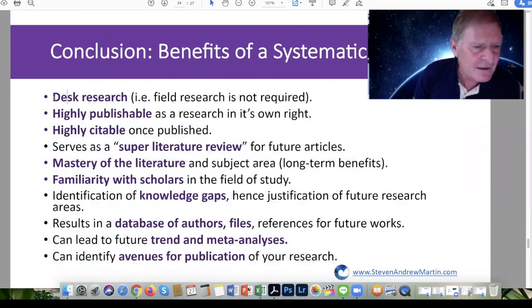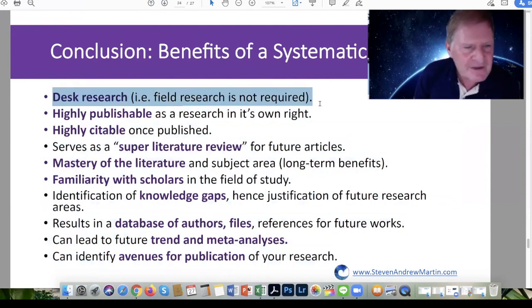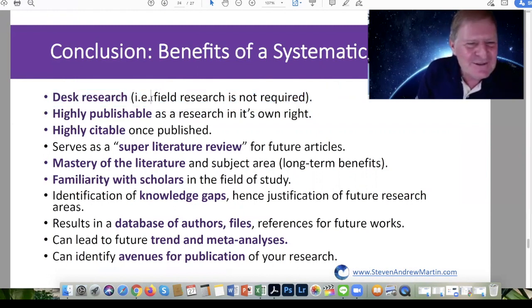These are the benefits. As I said earlier, desk research, field research, not required. Today with coronavirus, this maybe is a good thing, right? Because I really wanted to go to Taiwan for my work for a paper that I just published. And, no, I'm not going, I can't go, right? I was in lockdown in my room. So it was a tough one.